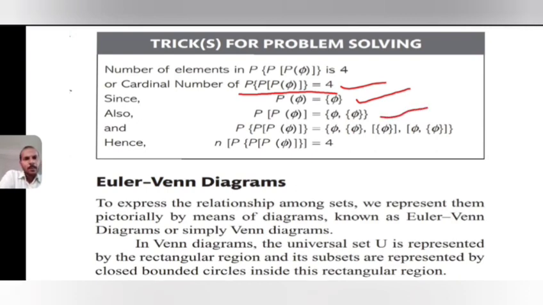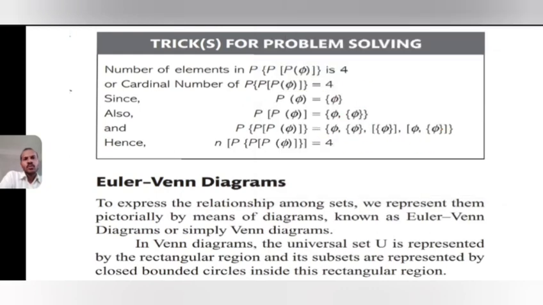And next, P(P(phi)) is nothing but phi and {phi}. Therefore, 1, 2, 3, 4 are the elements, so the cardinal number of the given set is 4, right?